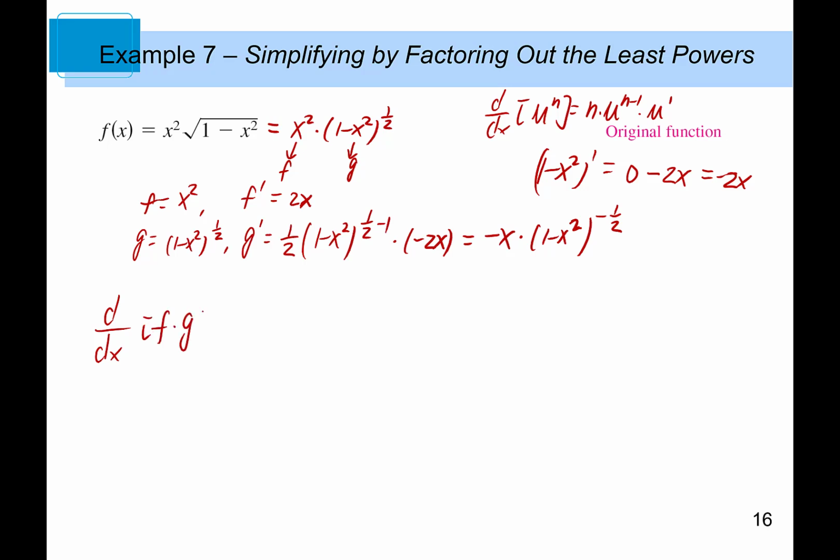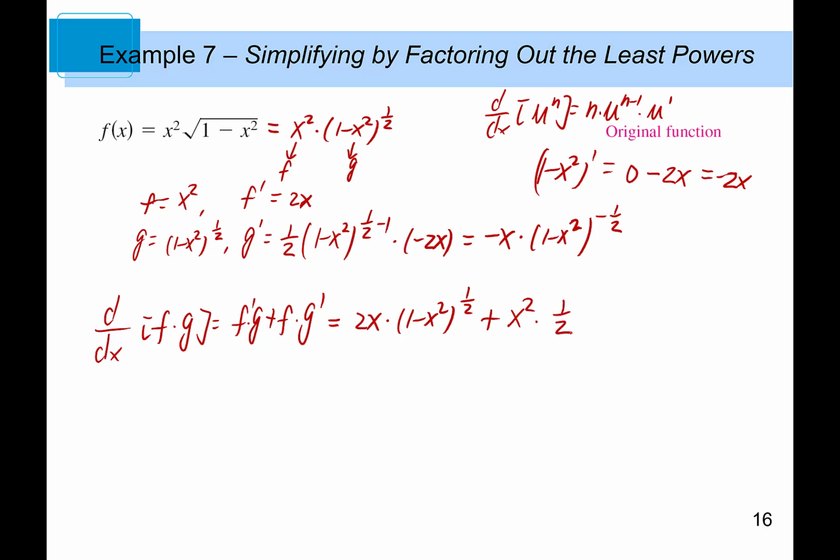f times g, right? f prime g plus f g prime. So just plug in all those expressions. f prime is 2x times g, g is (1 minus x squared) to the 1/2, plus f is x squared times g prime.